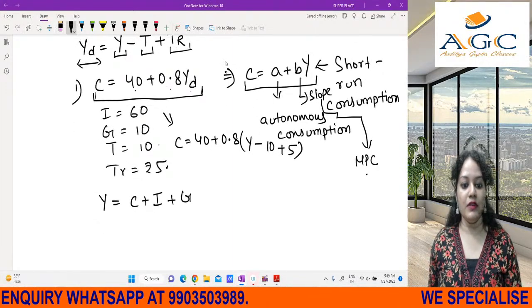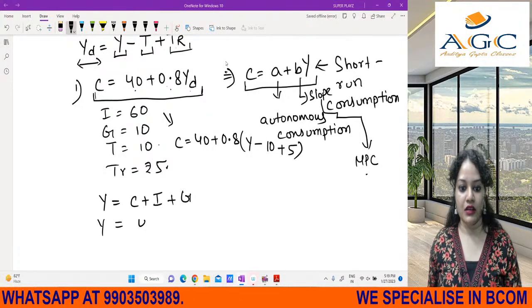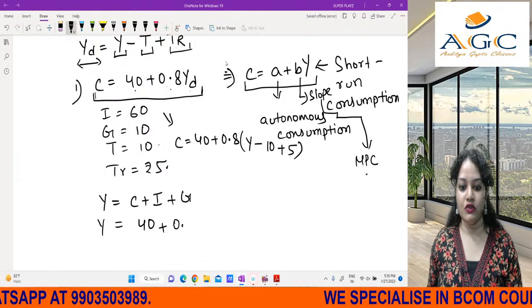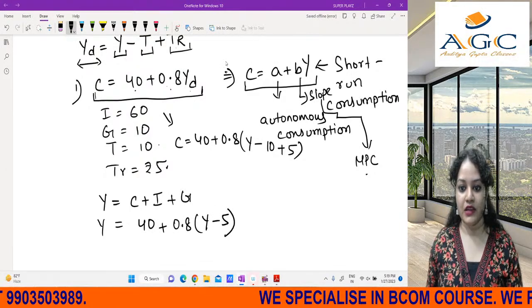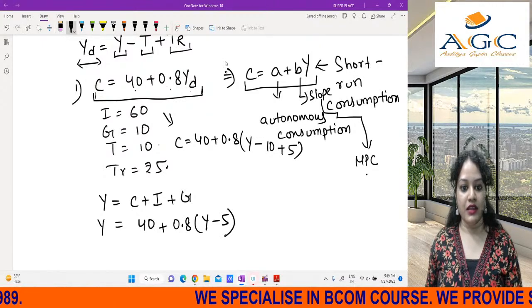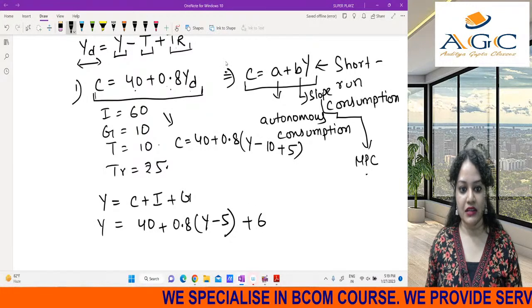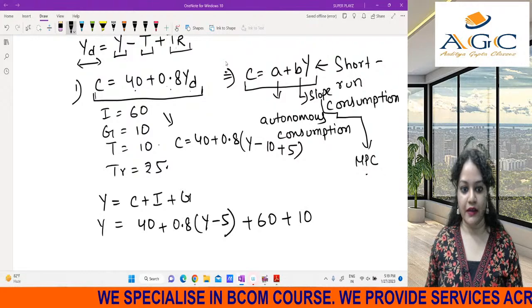Clear? So we will be writing this down here. C is 40 plus 0.8 into Y minus 10 plus 5, that is Y minus 5. Then I is 60, G is 10.